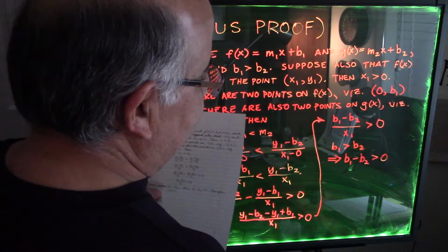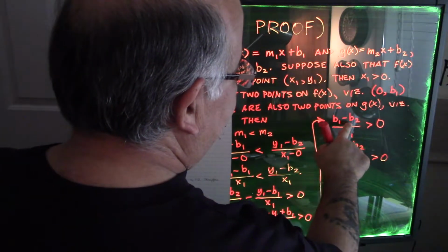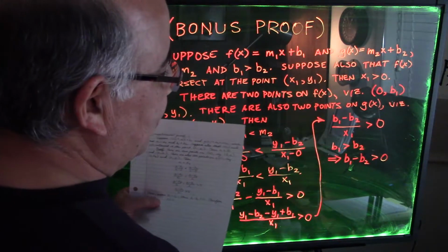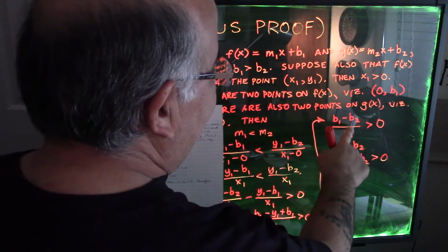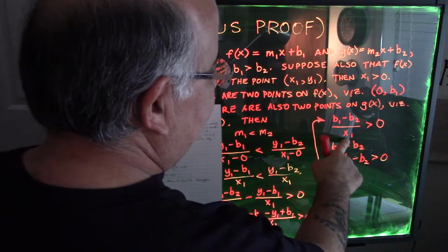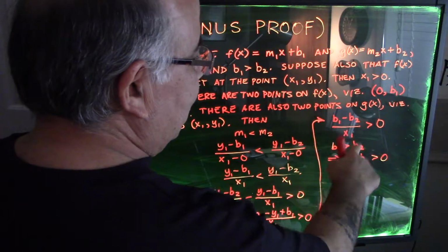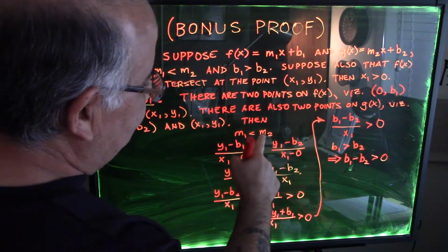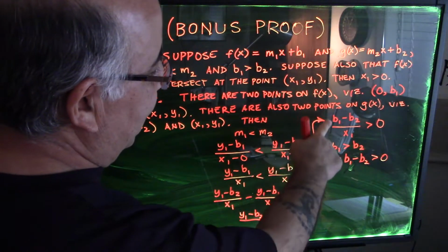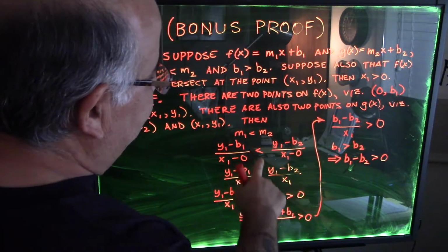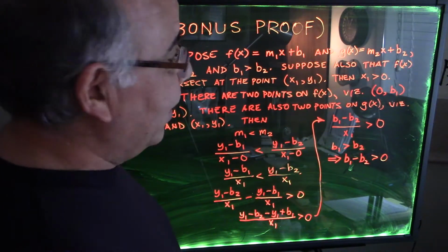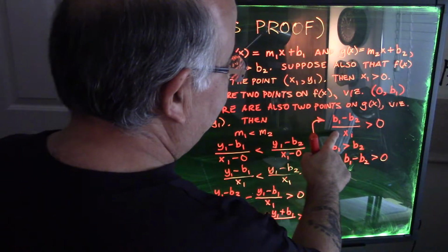Subtract b2 from both sides. That means this numerator is positive. If you have positive over negative, that's not going to be greater than 0. But we already know this is true because it follows using the laws of algebra and mathematics from everything else which was true before it. So this is true.